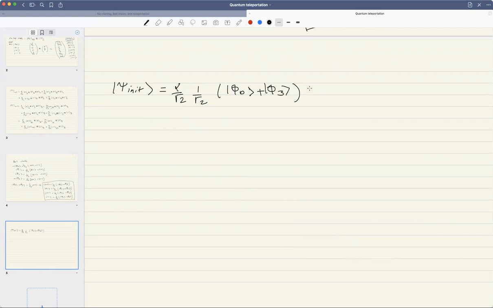And that whole thing is tensored with, so it's implicit that the phi's are for AC. I can even write it if I want. And then that whole thing is tensored with state 0 of qubit B.